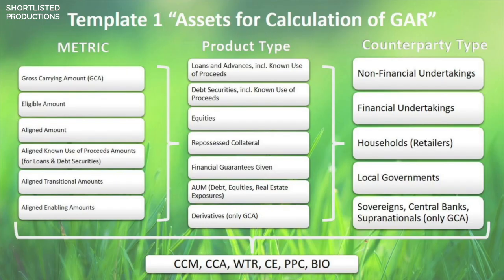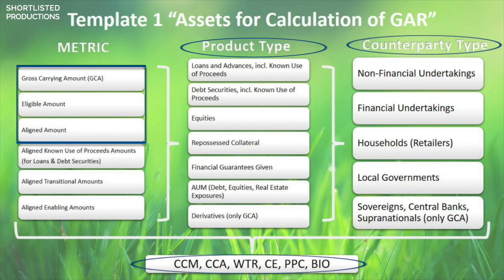Let's examine the main template for covered assets, which essentially contains input fields for all the other KPIs of credit institutions. In this template, banks have to report gross carrying amount, eligible, aligned, transitional, and enabling amounts per product type, counterparty type, and taxonomy objective.